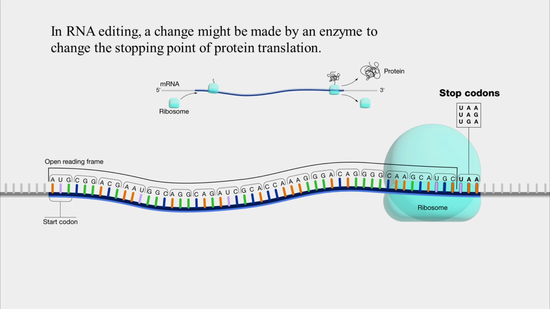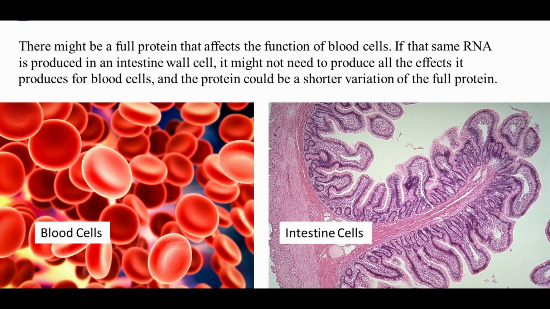In RNA editing, a change might be made by an enzyme to change the stopping point of protein translation. For example, there might be a full protein that affects the function of blood cells. If that same RNA is produced in an intestine wall cell, it might not need to produce all the effects it produces for blood cells, and the protein could be a shorter variation of the full protein.